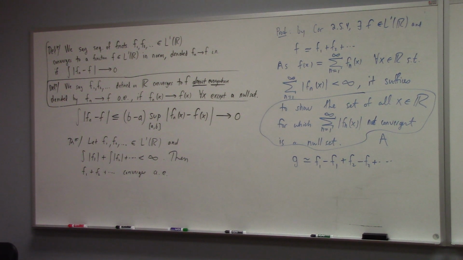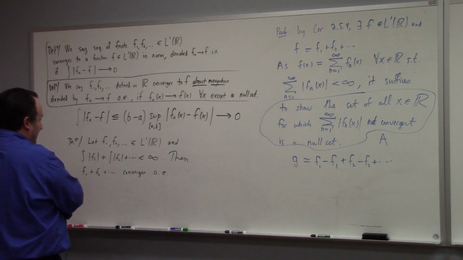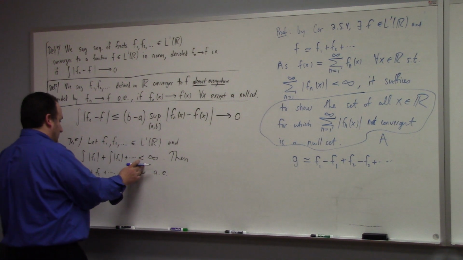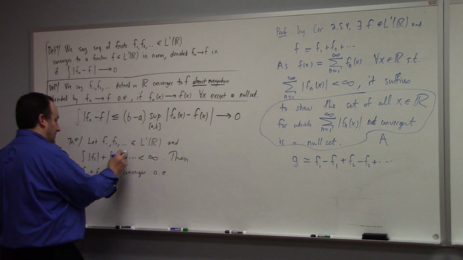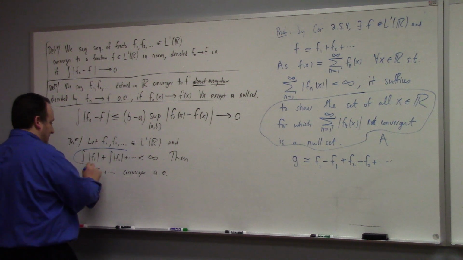And the claim is that the set of points on which it does not converge has to be a null set. And supposedly we should be able to see that from this data here, right? This data here has to somehow be used.